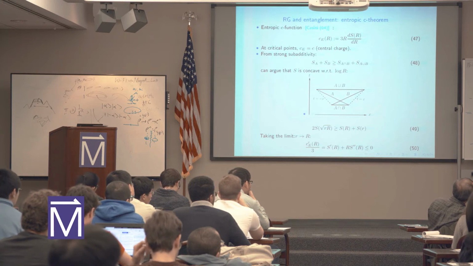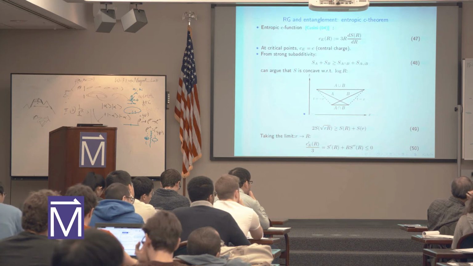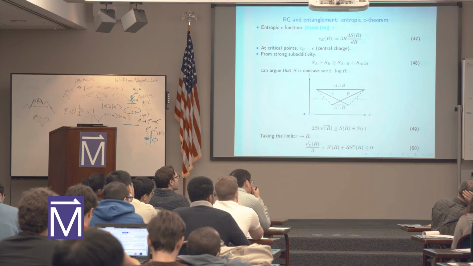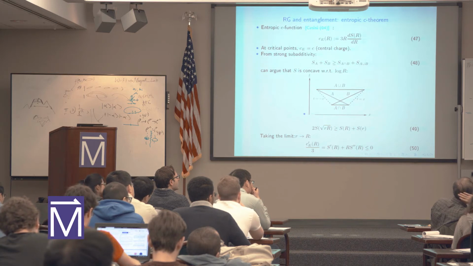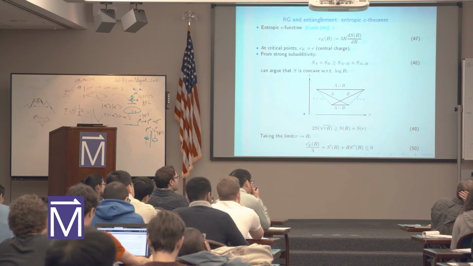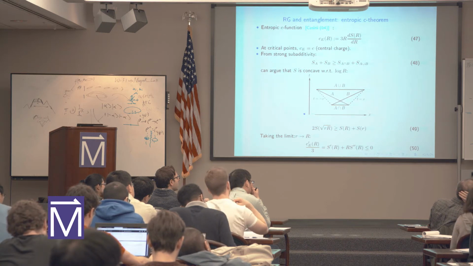But in general, we don't know. This may arise from some computation, but if we compare two conformal field theories, we don't know whether we flow into one from the other or vice versa.